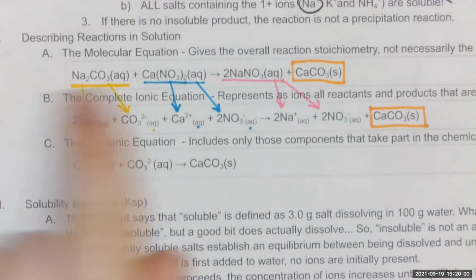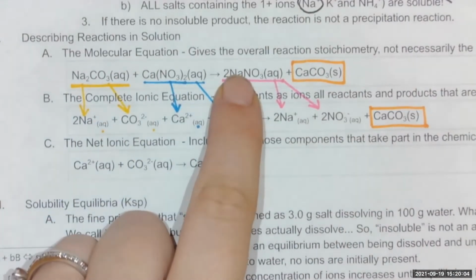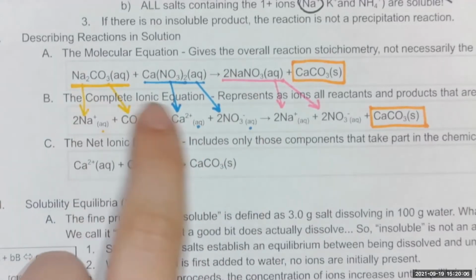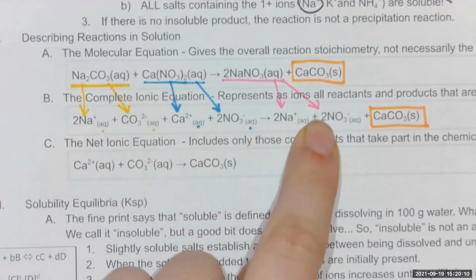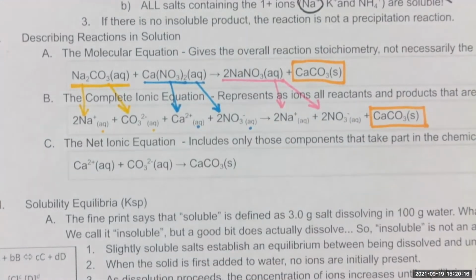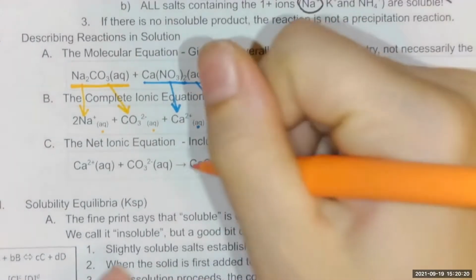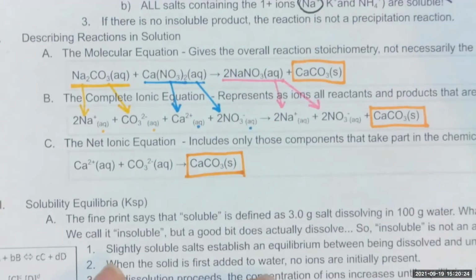This is the molecular equation. It keeps them together as molecules. This is the complete ionic equation. It separates them out into ions as much as possible, but we couldn't do that for the solid because it's not aqueous. And then the net ionic equation is where we say, okay, what actually made that solid?